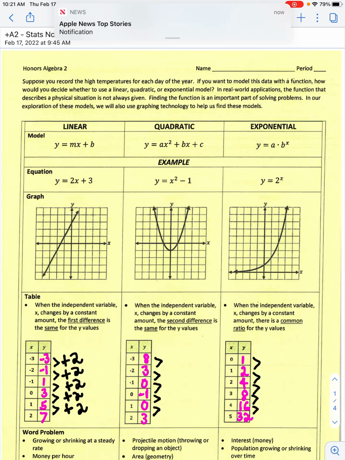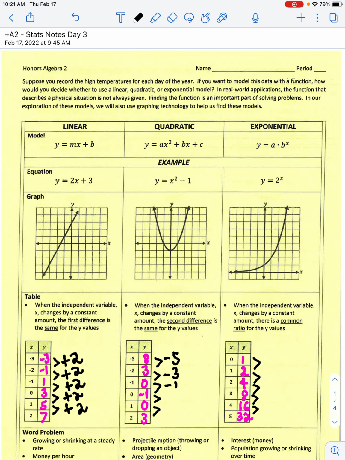So as I take a look, 3 minus 5, that difference is -2. 0 minus 3 is -3. -1 minus 0 is -1. 0 minus a -1 is actually a positive 1, and 3 minus 0 is a positive 3.